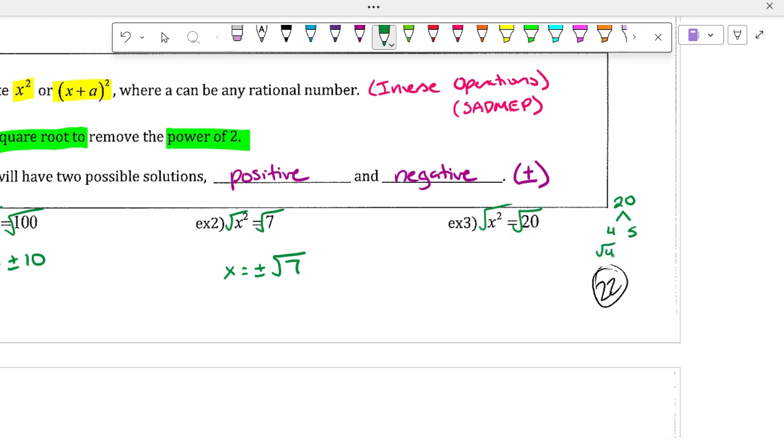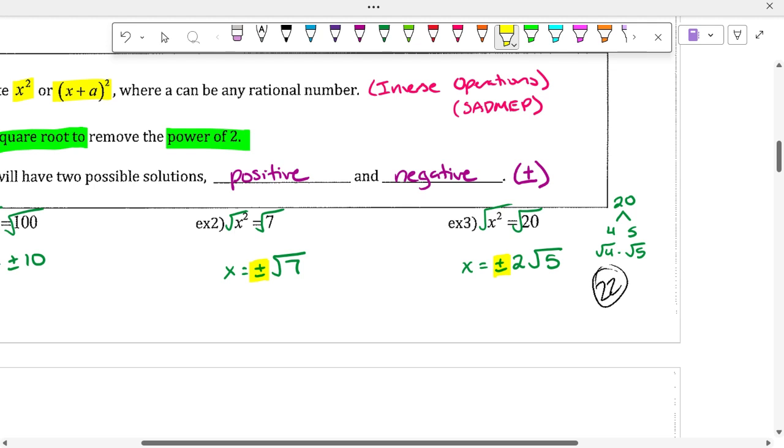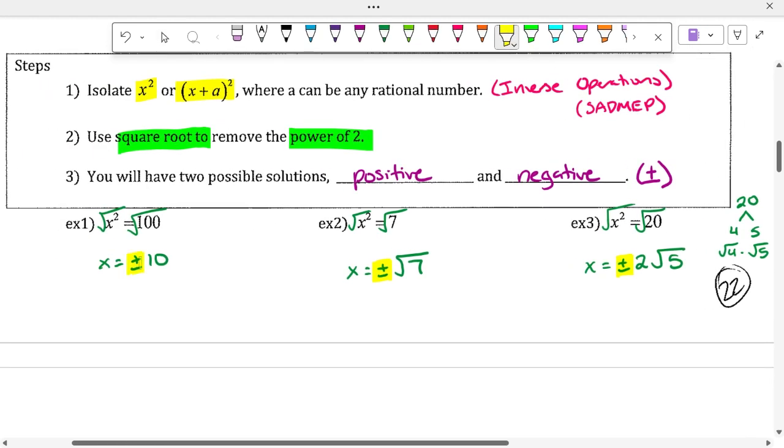So this would be 4 times the square root of 5. So x would equal plus or minus 2 square root 5. So again, get in the habit of whenever you take a square root from here on out, putting those plus or minuses in front of it.